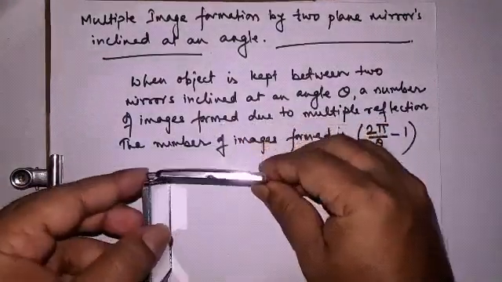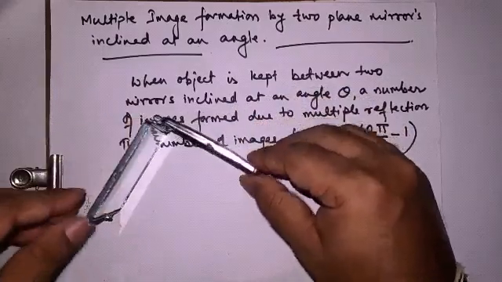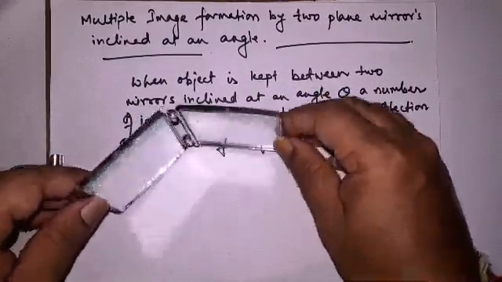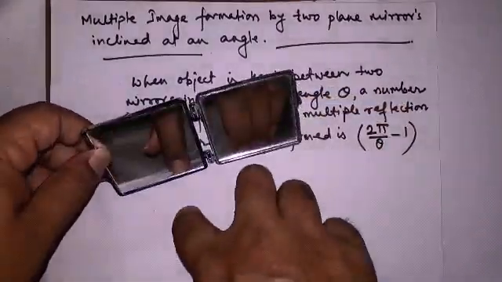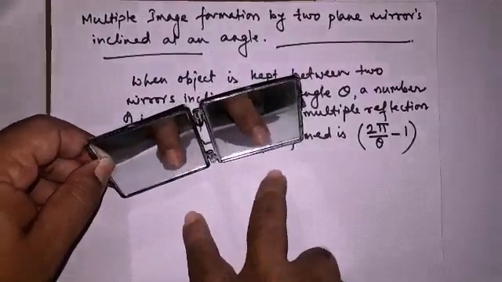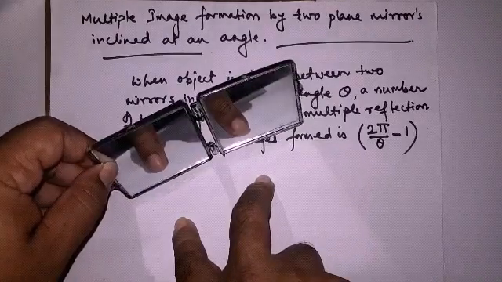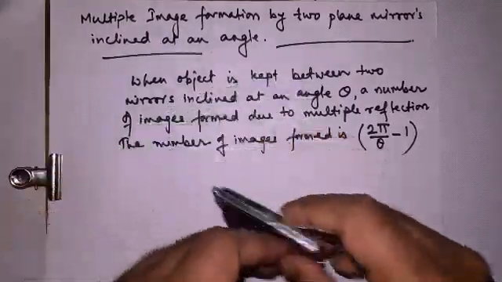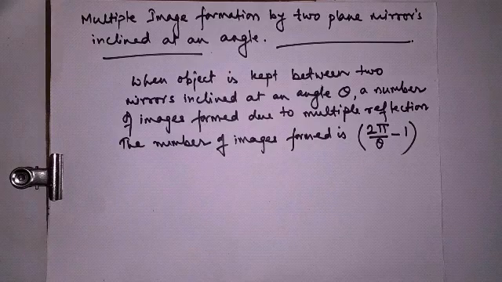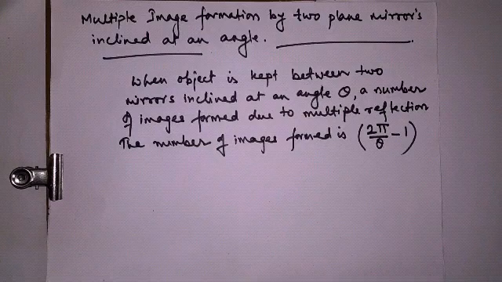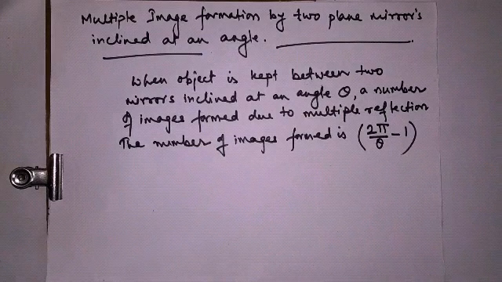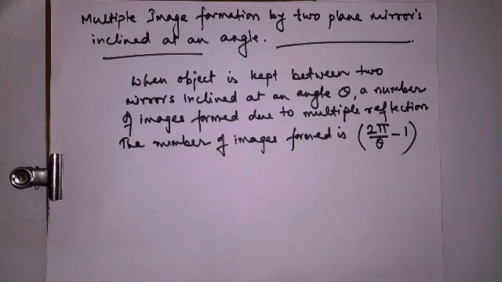If I take these two mirrors, incline them at a particular angle and put an object in front of them, I'm getting multiple images. You're getting multiple images of my finger in front of the mirror. Got it? So when an object is kept between two mirrors inclined at an angle theta, a number of images are formed due to multiple reflection, and the number of images formed is given as 2 pi by theta minus 1.